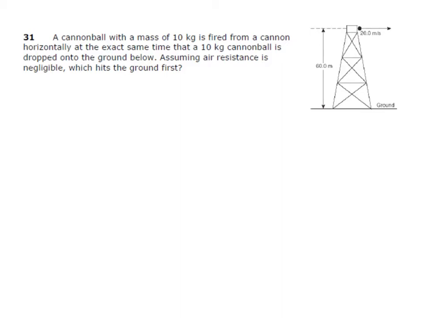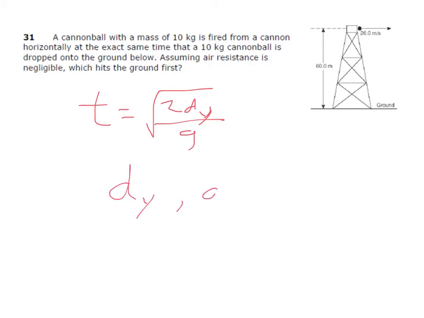The most important thing to remember is that the amount of time that it takes for any object to fall is equal to the square root of 2 dy over g. So the only two things that really matter are the height, which is dy, and g.